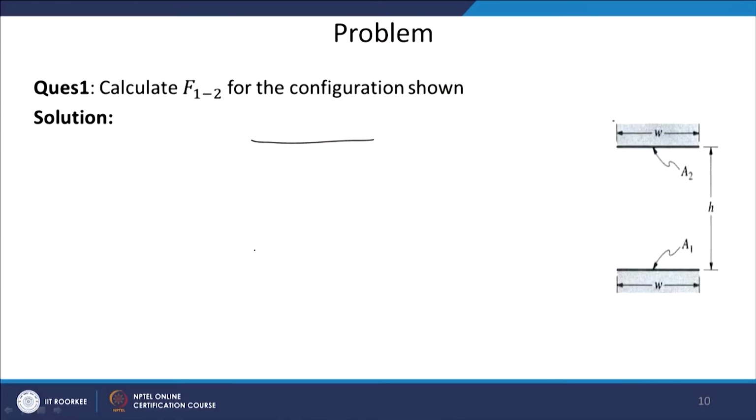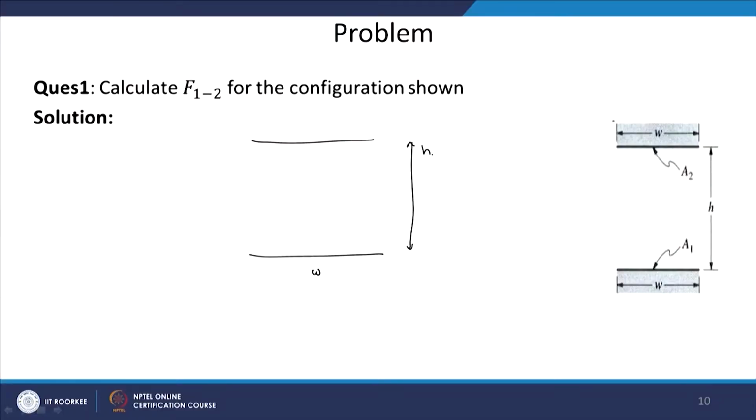So, we have again, as shown, two plates, the width of each plate is W and the separation distance is H. This is a simple configuration for this method, but complicated problems can be solved easily. So, what we do is we put 4 pins, pin A, pin B, pin C and pin D. Then we tie 6 strings.